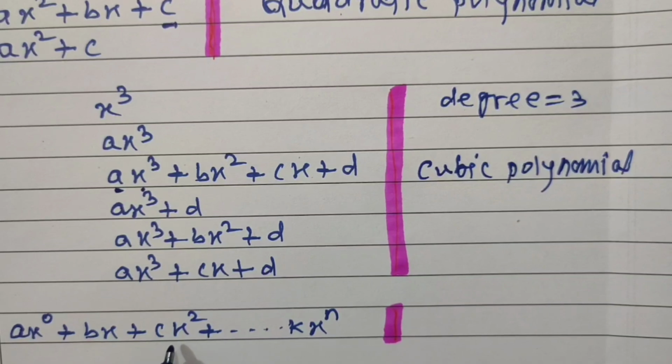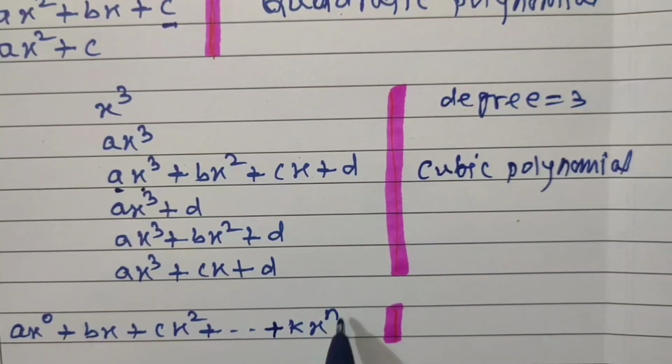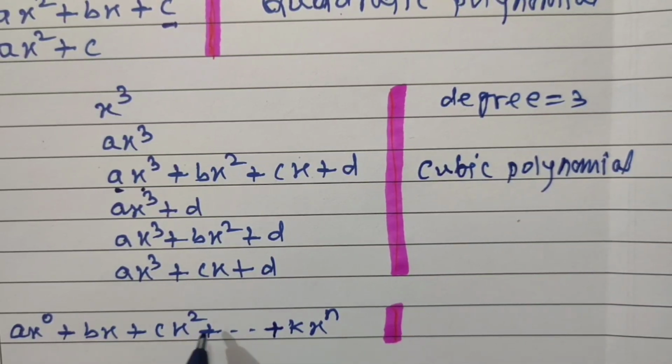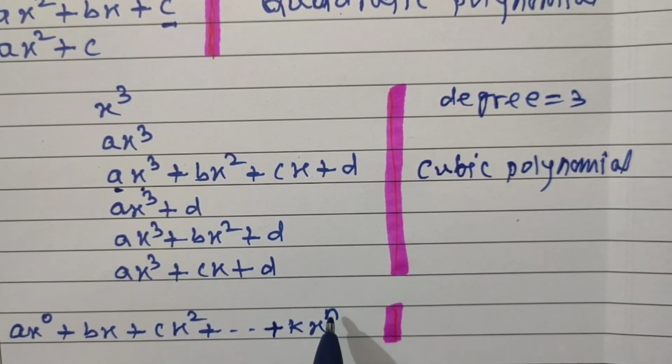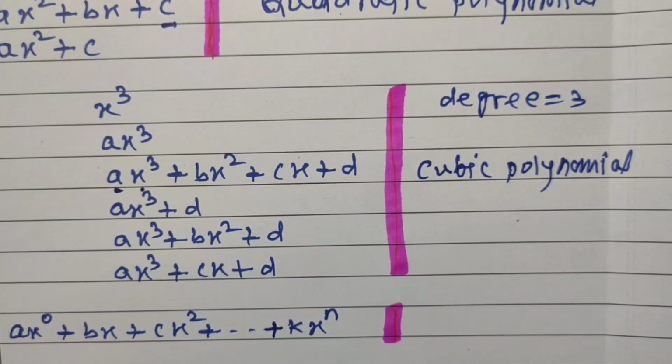Degree of this term is 2, and degree of the last term is n. Suppose n is greater than all numbers starting from 0, 1, 2 up to n minus 1. Then this n will be the highest power of x, and degree of this term is n, as well as degree of this whole polynomial is also n.